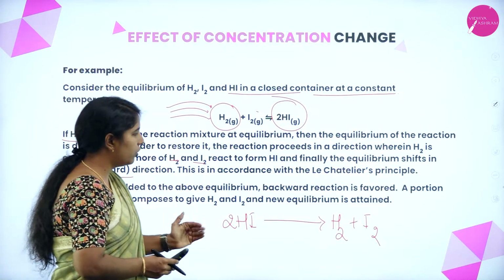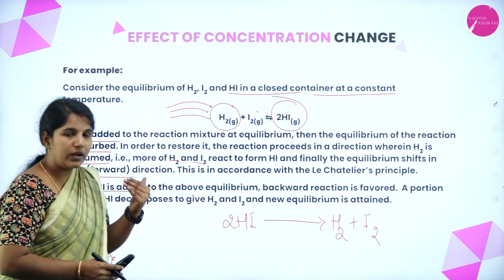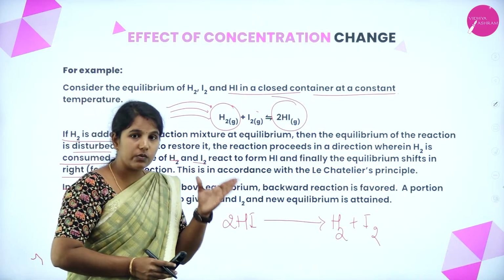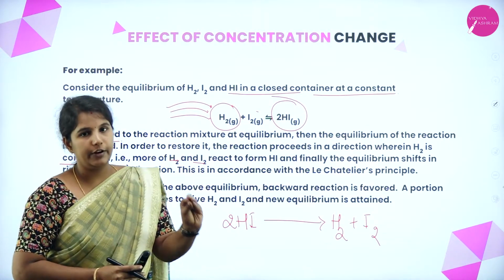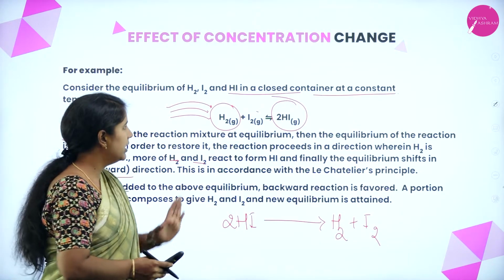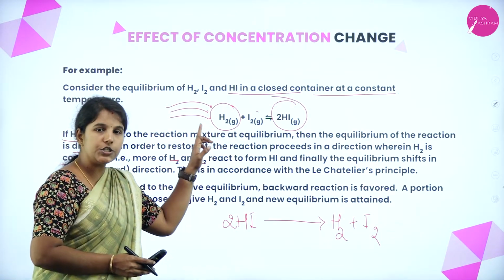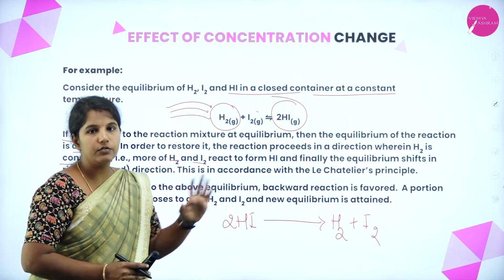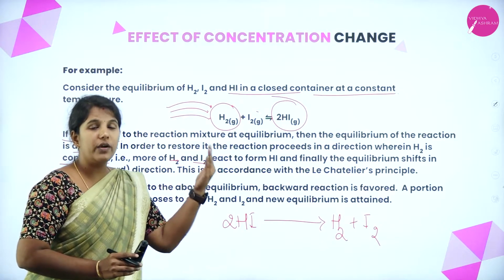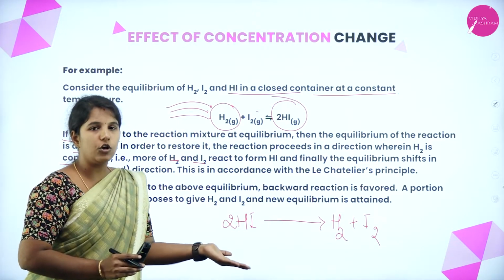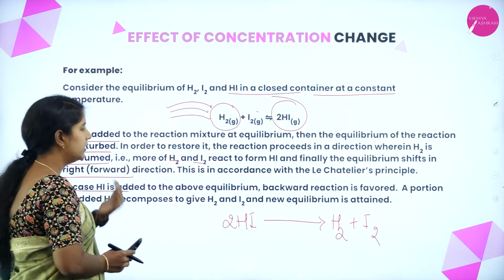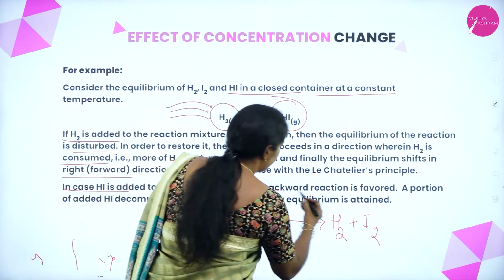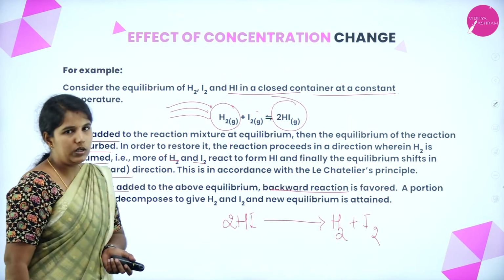This is how the forward and the backward directions will be favored by a system in order to nullify the effect of stress. So, when you increase the concentration of the reactant, it favors the forward direction. Suppose you increase the product concentration, it will favor the backward direction, so that the reaction will proceed backward.